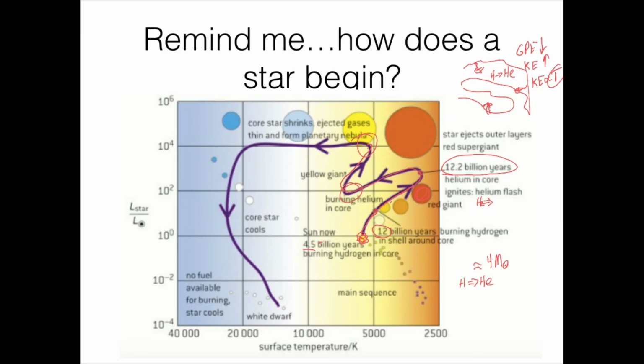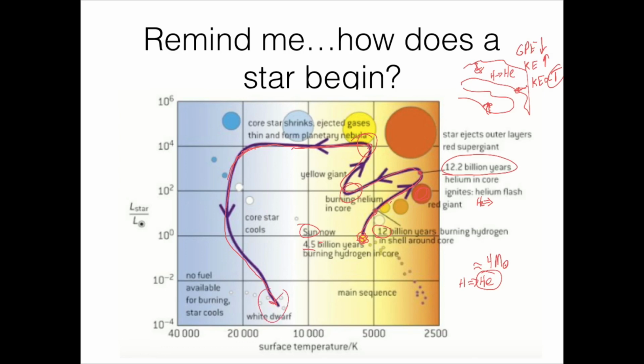At this point, if it's a normal sun size, it's not going to get any bigger. It's just going to burn and burn and burn. It is going to get hotter as we start to burn the helium and some of those other elements, but it's not getting any bigger. It's just going to keep getting smaller and smaller as we use up those atoms, and then eventually it's going to stop burning so bright.